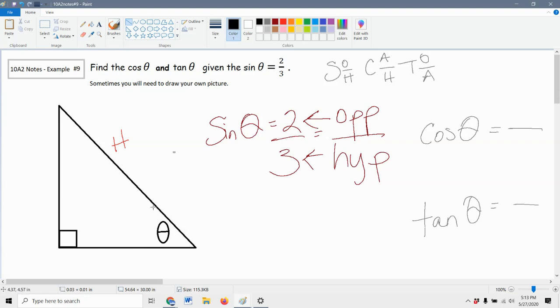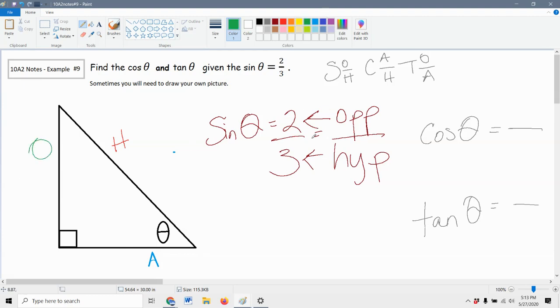So you need to place it. Here's theta. That means the side touching theta, of course, is our adjacent side. Adjacent actually means next to. And our opposite side is that side all the way across, not touching theta.